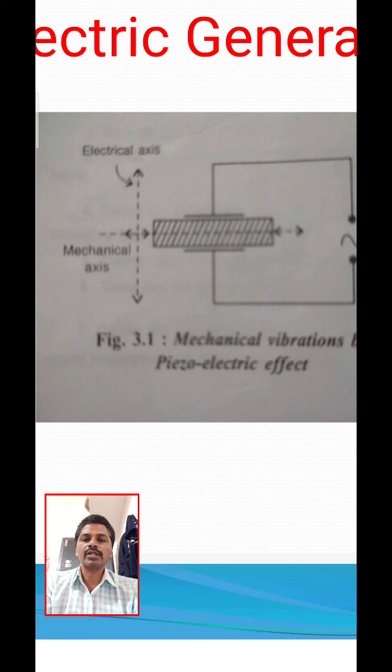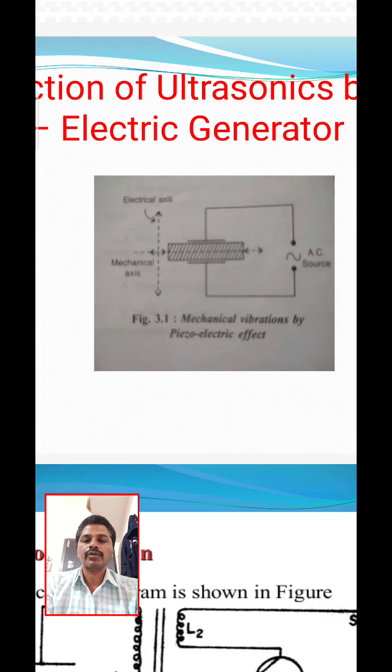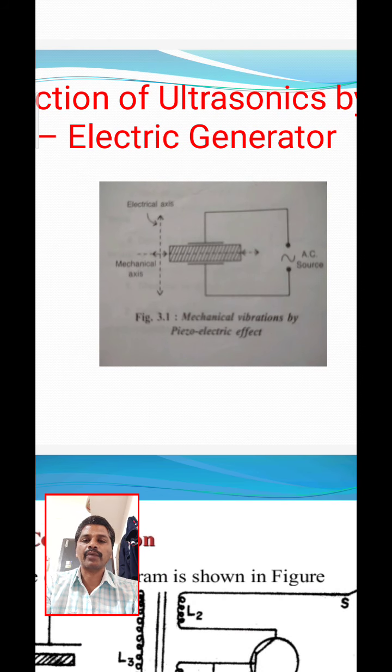When the crystal is stretched or compressed along the mechanical axis, the electrical potential difference is created perpendicular to the mechanical axis, that is along electrical axis. The converse of this effect is also true. When potential difference is applied along the electrical axis, the crystal starts to vibrate along the mechanical axis. This is called a piezoelectric effect.